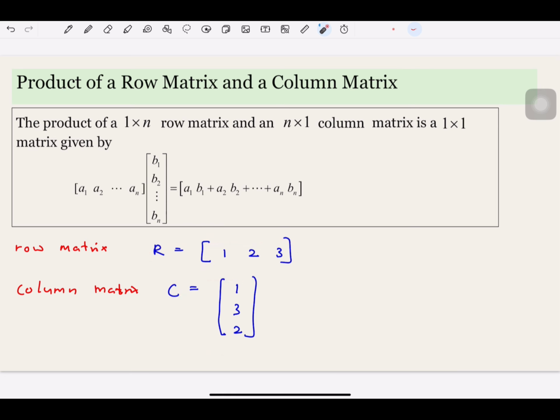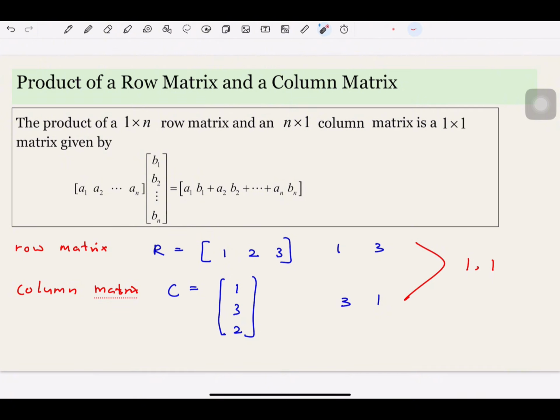The next question is, when can we multiply them? In this row matrix, you have only one row with 3 columns, and in this column matrix you have 3 rows with 1 column. So the product will be a 1 by 1 matrix, which means it's going to be a single number.